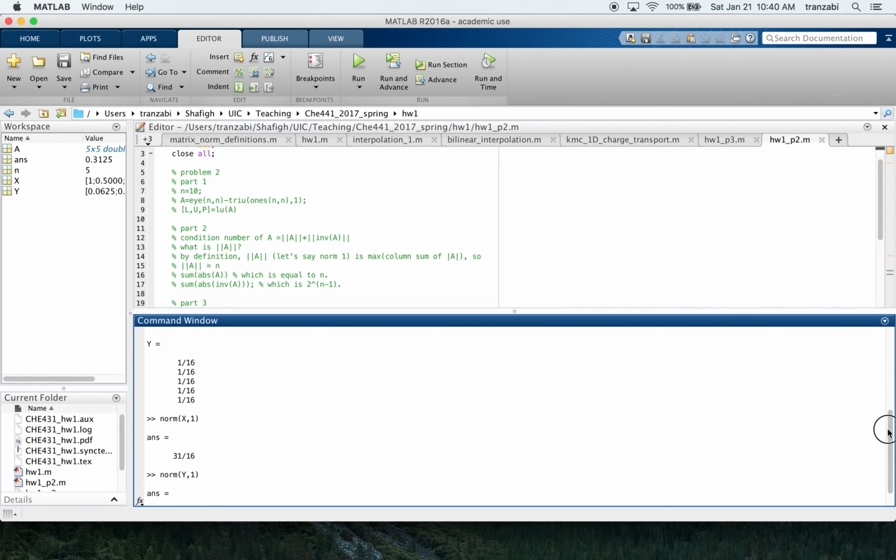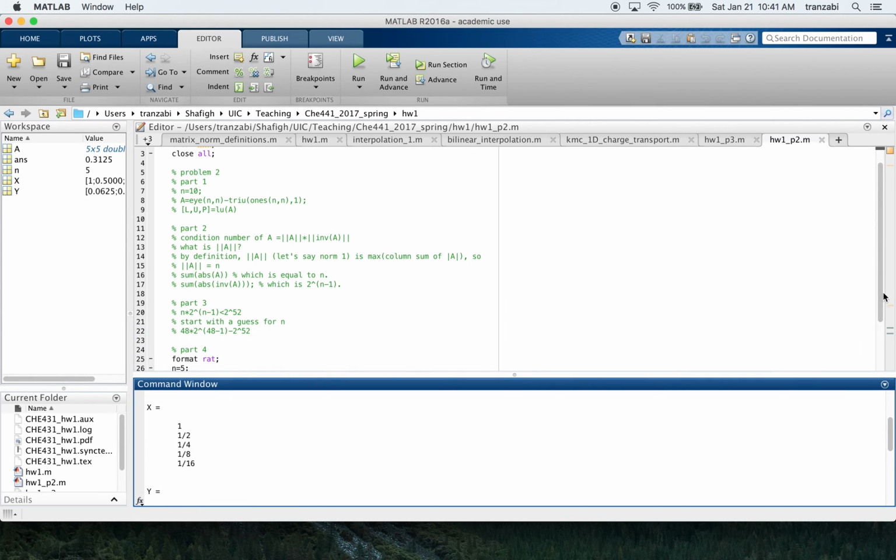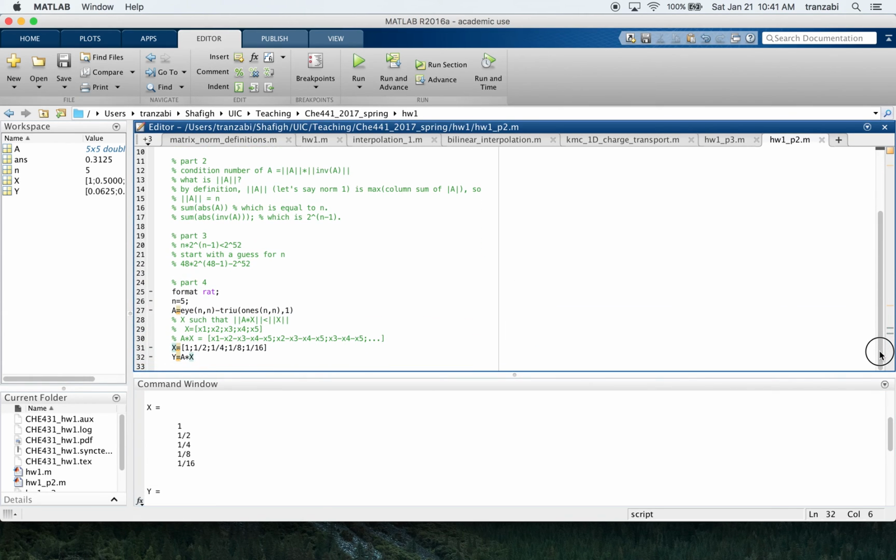If you remember from class discussion, norm 1 is the sum of the absolute values of the elements, and the sum of y would definitely be smaller because each element in y is less than the corresponding element in x. Anyways, so here's the guess, which solves part 4 of problem 2.